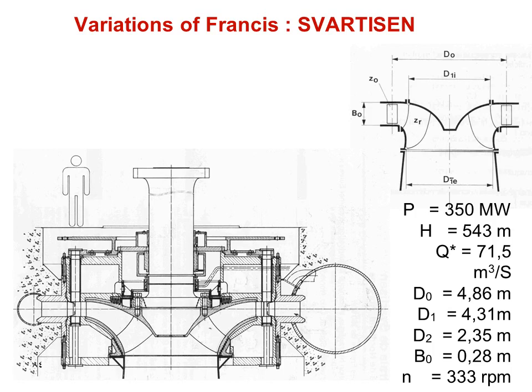Its outer diameter is 4.8 meter and the inner diameter equals 4.3 meter, and the RPM equals 333 RPM. As we see from the head, it's applied at high head. As we see, the runner has mostly flow in radial direction.